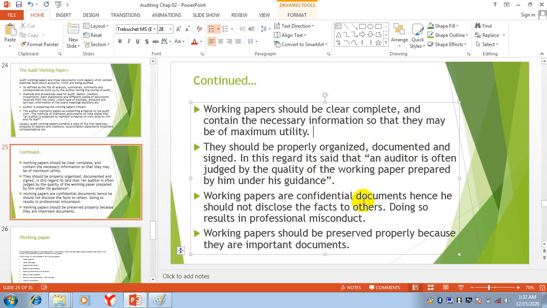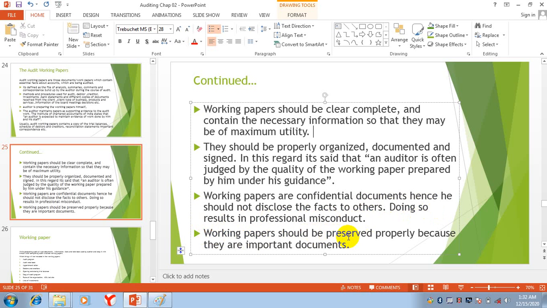Working papers are confidential documents. Keep in mind, these are confidential documents. Hence, he should not disclose the facts to others. Doing so results in professional misconduct. If he discloses the facts to others, it will be considered professional misconduct.